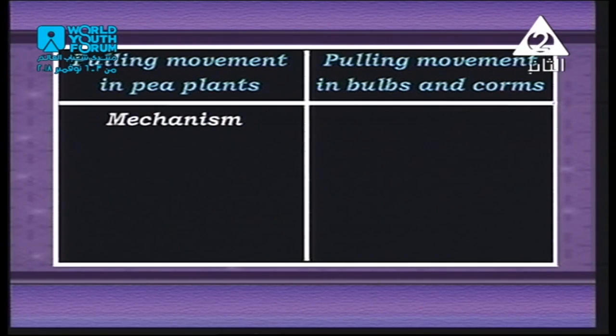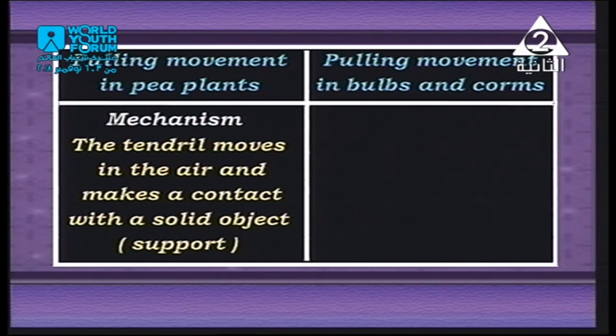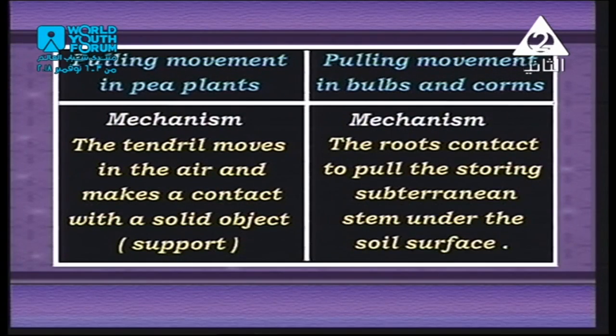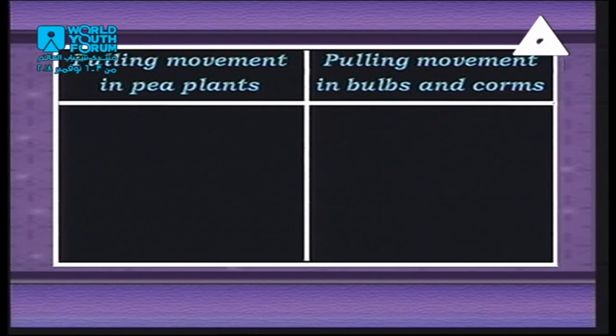But what about the mechanism of pulling movement in the pea plant? The mechanism means how does it work? Number one, the tendril moves in the air, searching for contact or a solid object for support, while in the pulling movement of bulbs or corms, the root contracts and pulls the subterranean stem, under the soil surface.